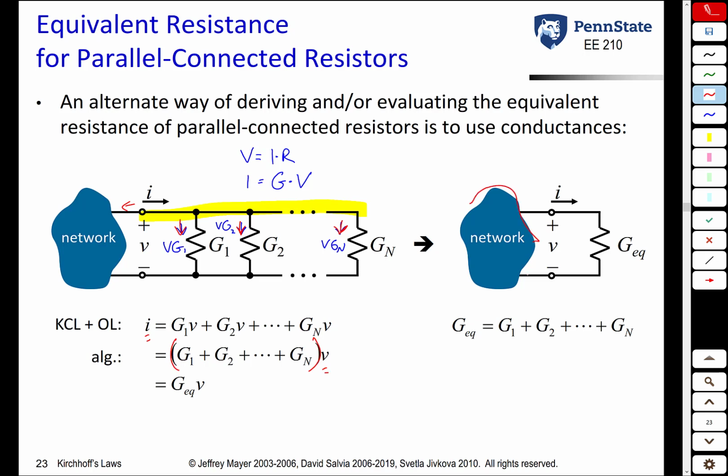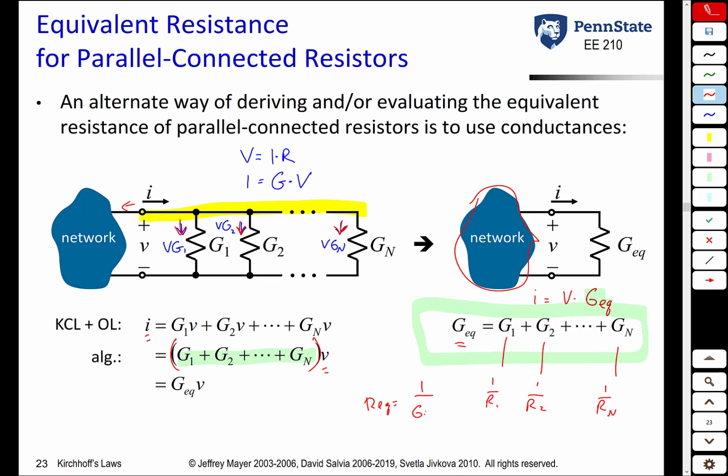Then, of course, if you had this equivalent circuit here, we would know that I is equal to V times G equivalent. So setting these equal to each other, we see that G equivalent is G1 plus G2 all the way up to Gn. So an alternate form of resistors in parallel is that the equivalent conductance is the sum of the individual conductances. Individual conductance is just a reciprocal of the resistors, and once you have G equivalent, to get R equivalent, guess what?